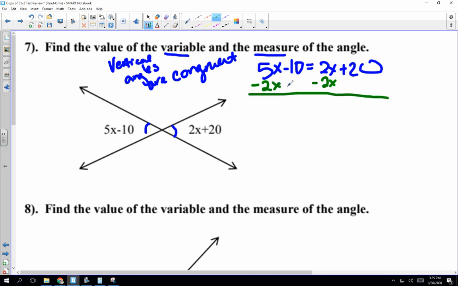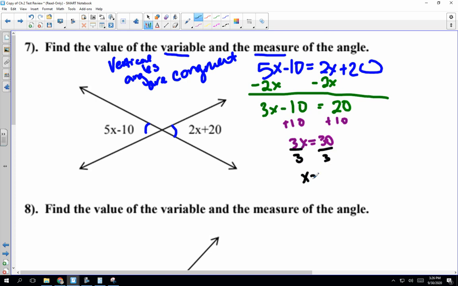When I minus 2x from both sides, I get 3x's here, I get minus 10, and I get 20 on the right side. Okay, I'm going to add 10 to both sides, and I get 3x equals 30. The last thing I'm going to do is divide by 3.